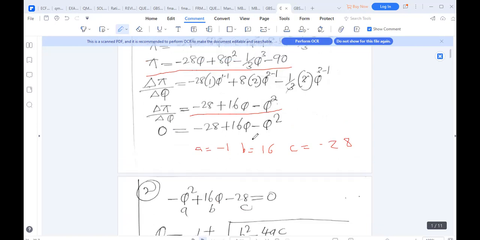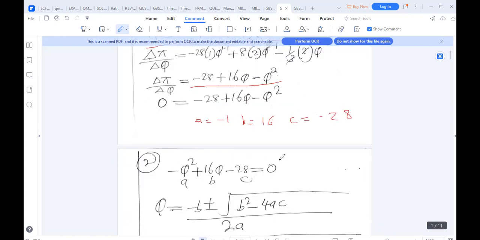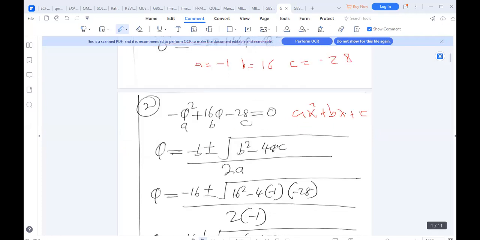Preferably, you can rearrange them in the order that we know, ax squared plus bx plus c. The a is the coefficient of the x squared. So our a there is what? -1. Our b is positive 16 and our c is negative 28.